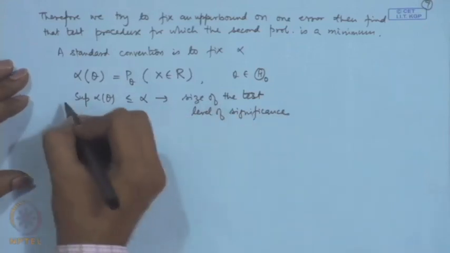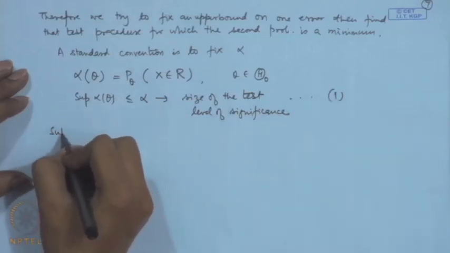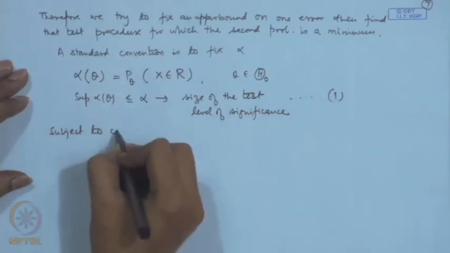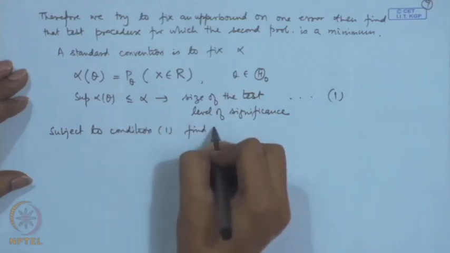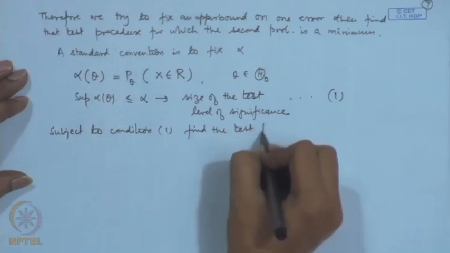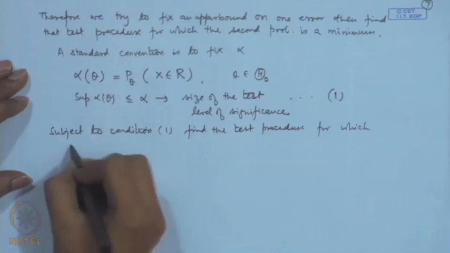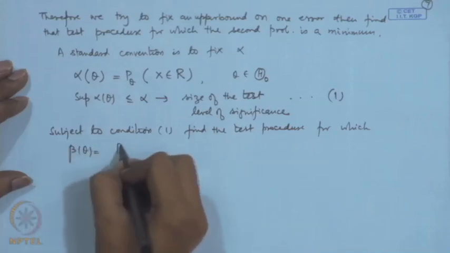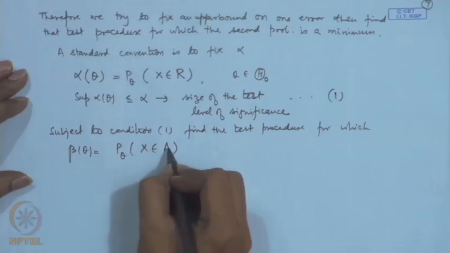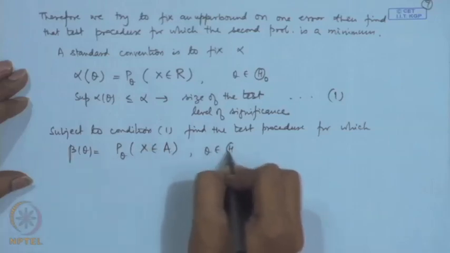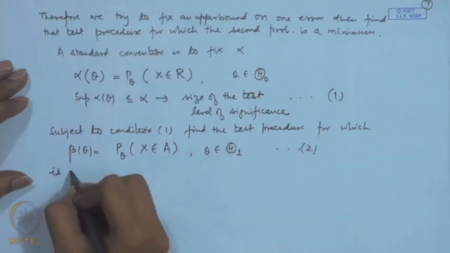Let us put this as condition 1. Then, subject to condition 1, find the test procedure for which beta theta, that is equal to the probability of x belonging to the acceptance region, that is, accepting H naught when it is false, is minimized.